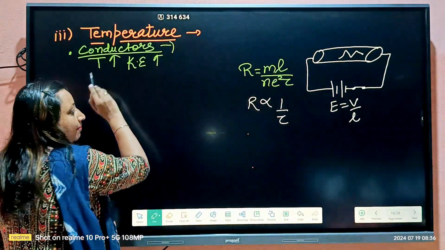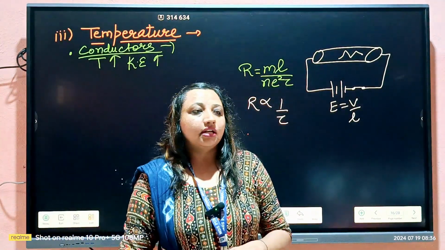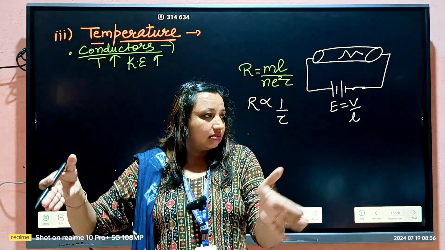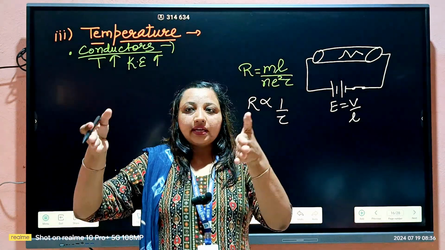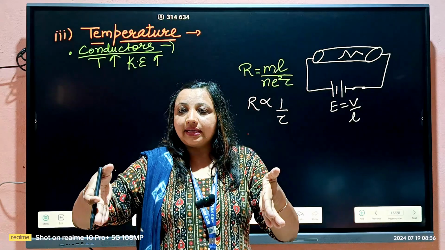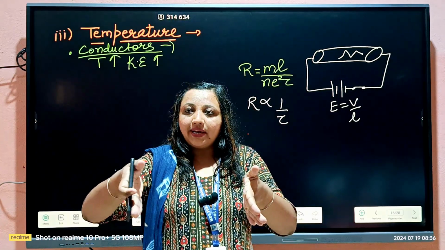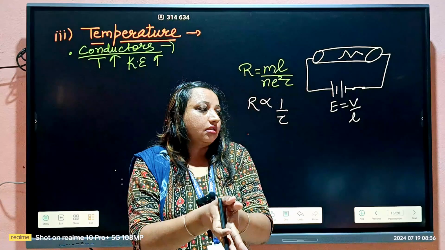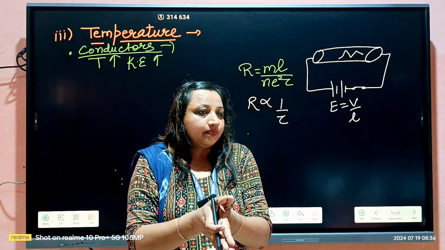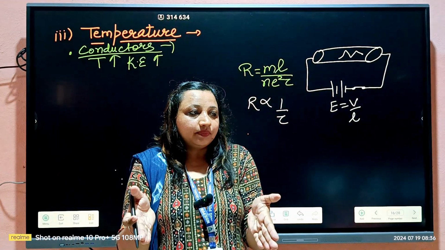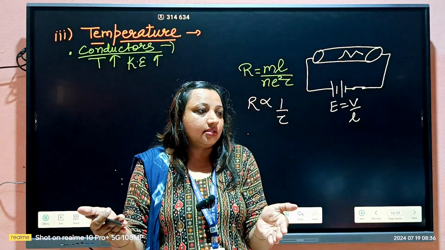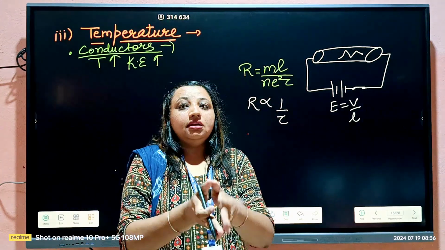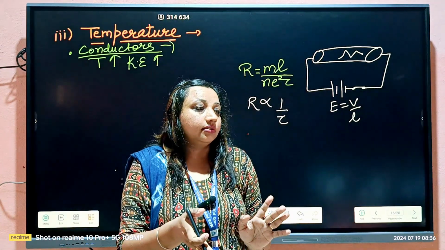As the temperature increases, the kinetic energy of electrons increases, like we discussed in the previous classes. Firstly, before increasing the temperature, the electron moved like this. It took 3 seconds between two consecutive collisions. But as we increase the temperature, the kinetic energy of electrons increases. It may collide faster in comparison to the earlier one, right?